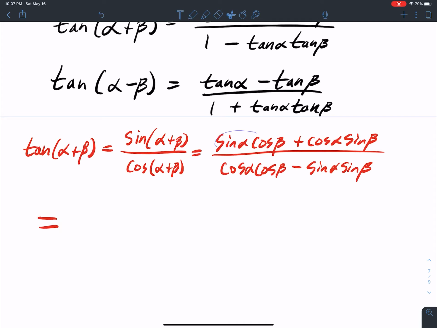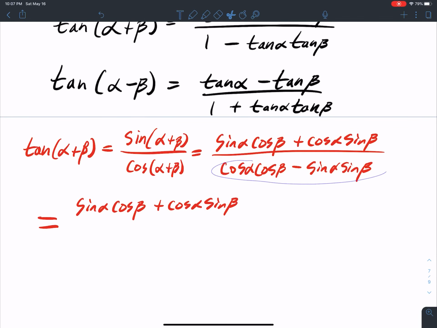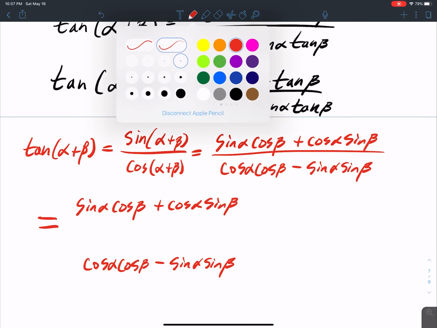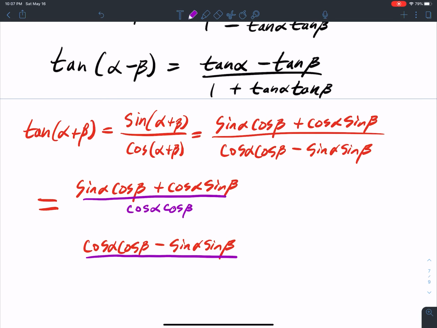I'm going to take the numerator and the denominator, and divide both of them by cosine alpha cosine beta. If I do the same thing to the numerator and the denominator, then I did not change anything.